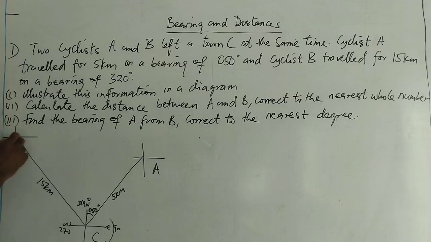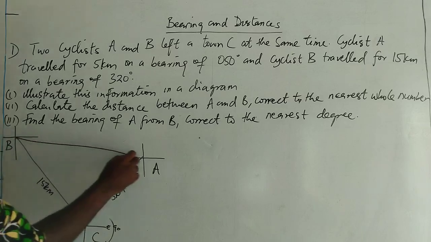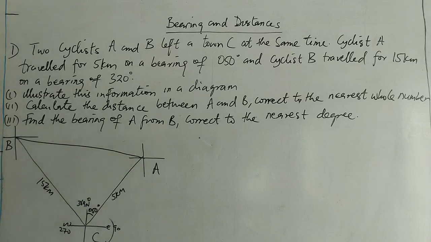Then at the end, you are expected to close the sketch to form a triangle. In bearing, anytime you make a sketch, you are expected to form a triangle. Now, the bearing, you have to put the arc 320 degrees.